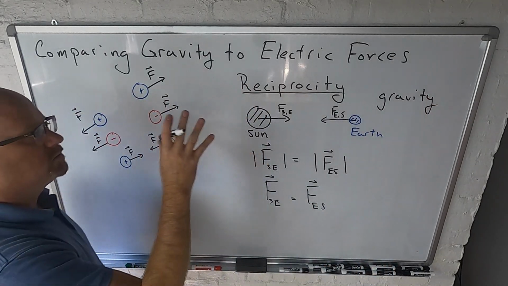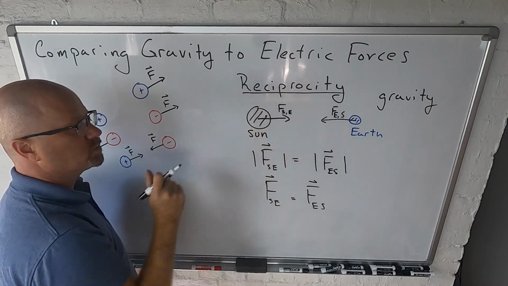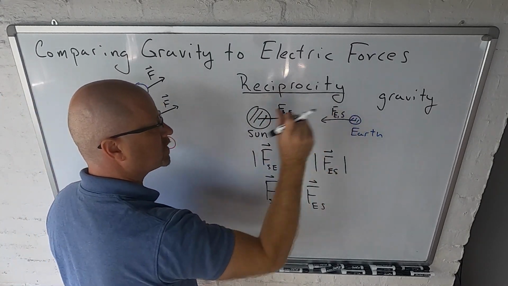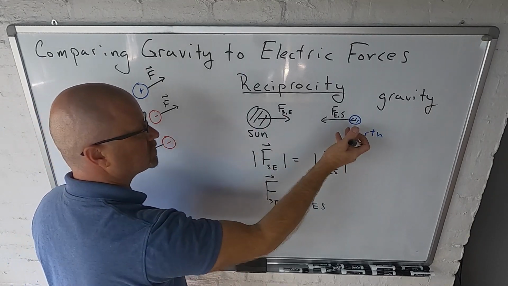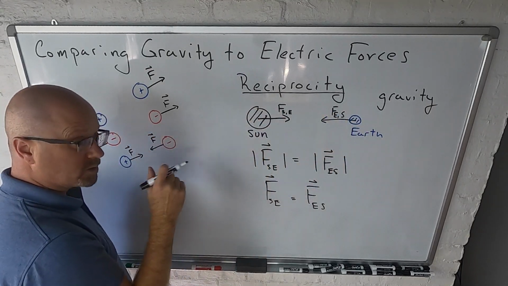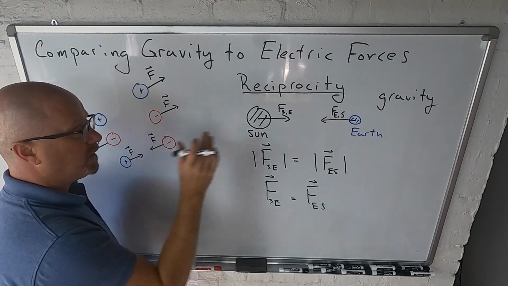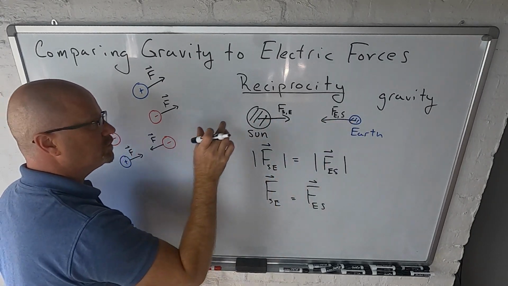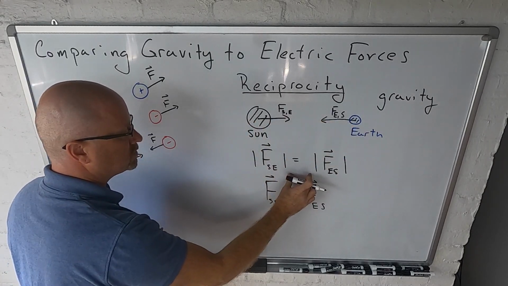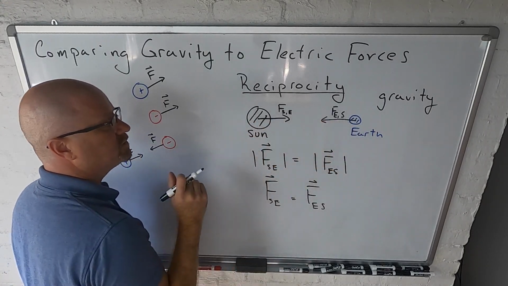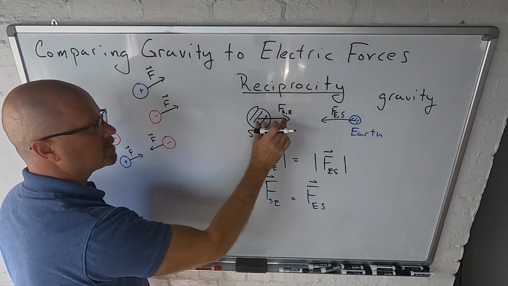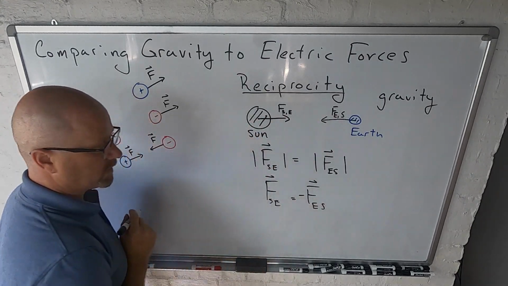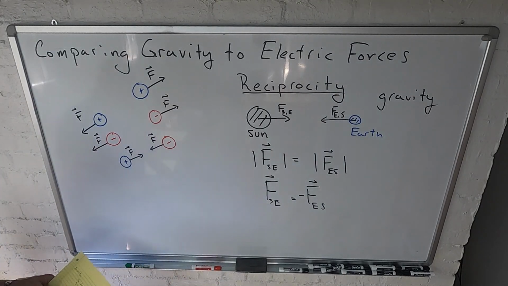And so all force pairs in this situation, where we have one body acting on another body, and vice versa, that body acting on the other body, will have a pair of force vectors which will be equal in magnitude, and in the case of gravitation, will be the opposite direction. So I have to put a minus sign.